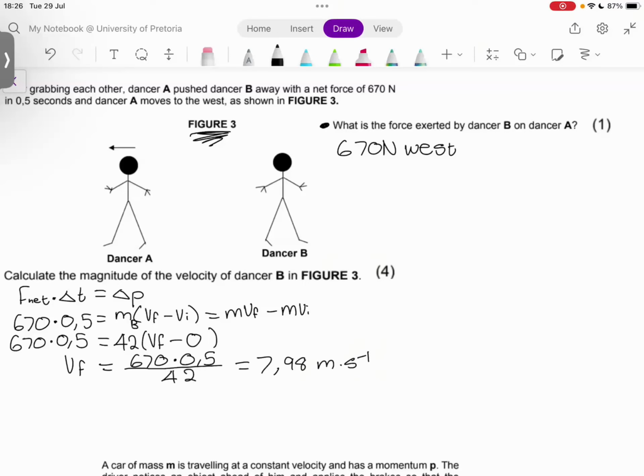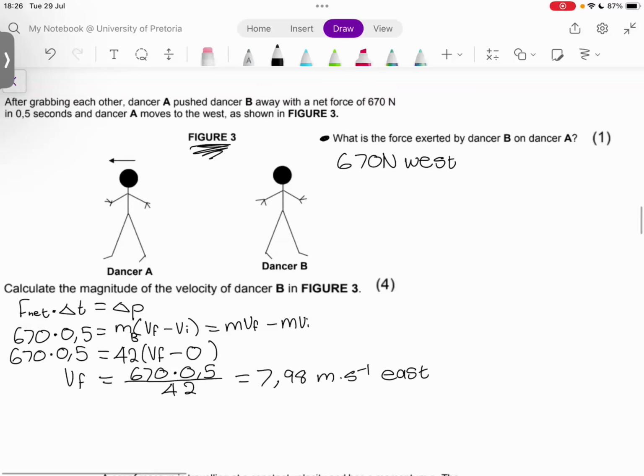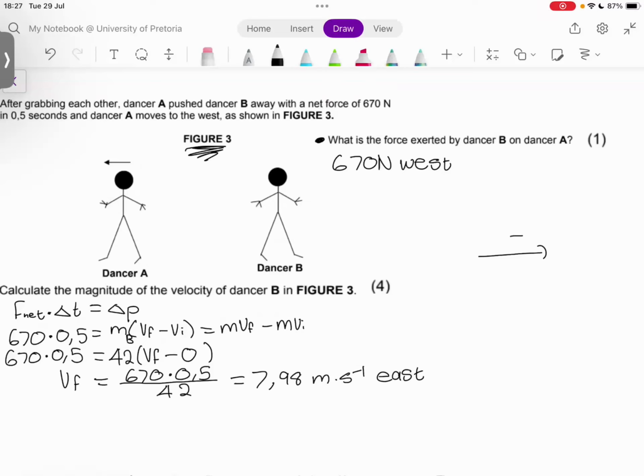The direction, guys, what direction do you think this is going in? Is it going east or is it going west? The direction here, guys, would be east. Remember, east is positive, whereas west is negative.